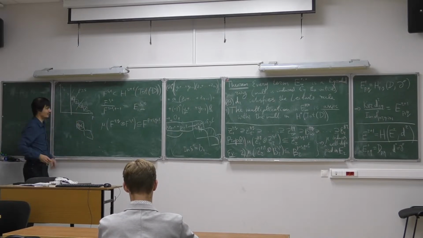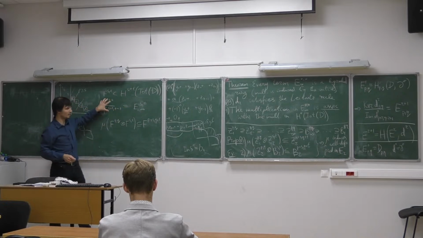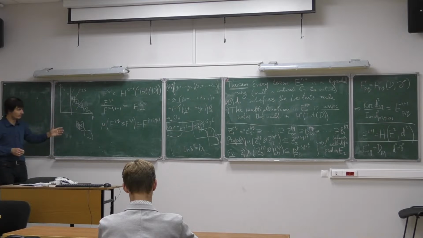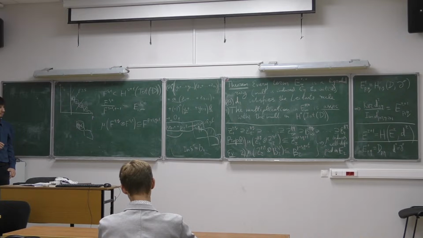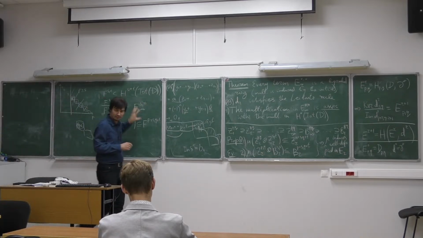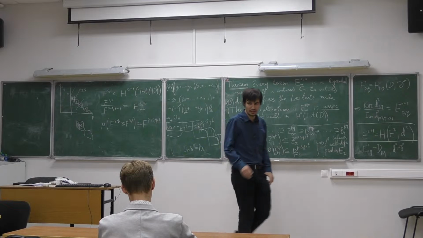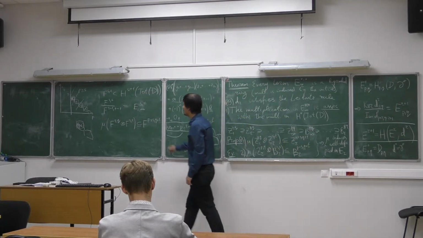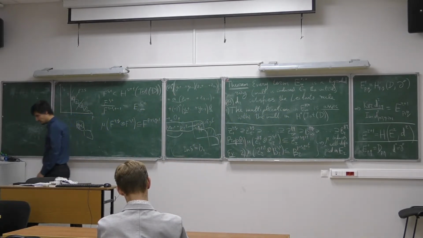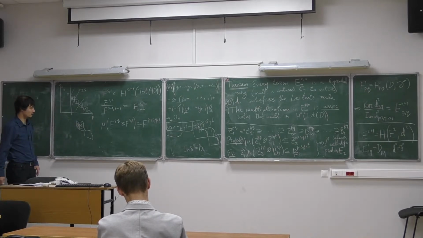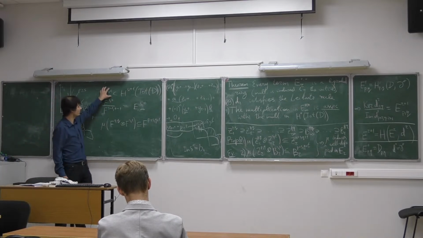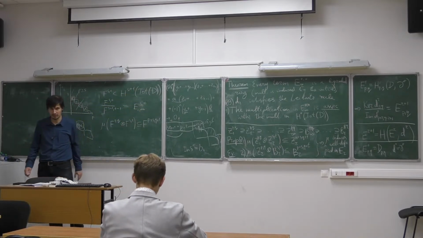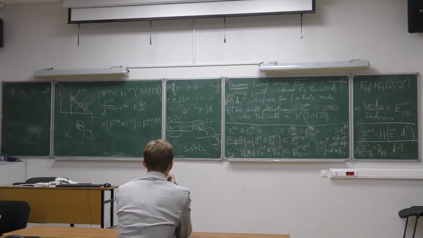Multiplication here is induced by multiplication here, but not vice versa. That's exactly the formulation of that theorem: multiplication in E infinity term is induced by multiplication in this cohomology, in this filtration, but not vice versa. In general, we cannot restore multiplication here from multiplication there. Okay.